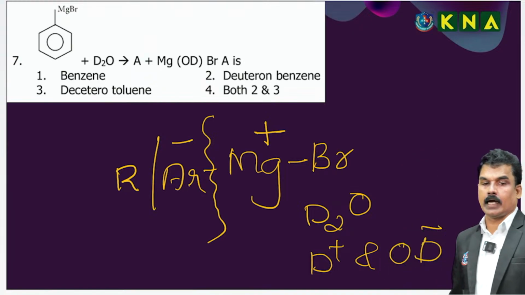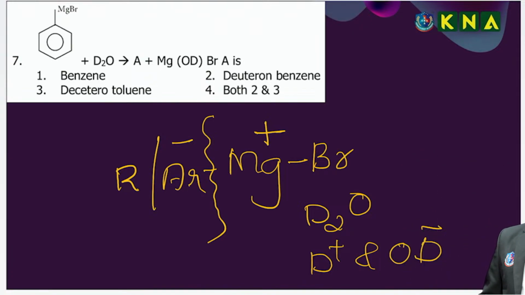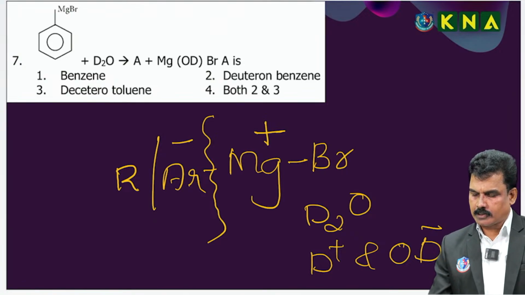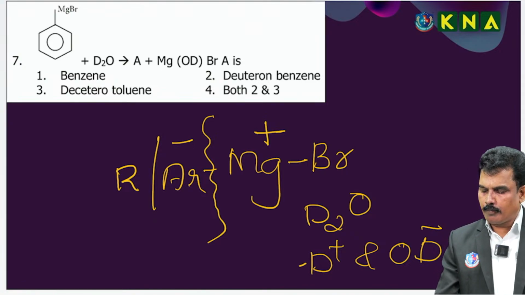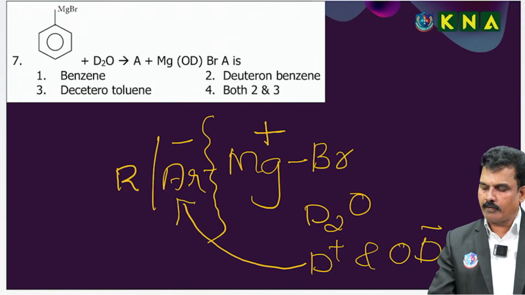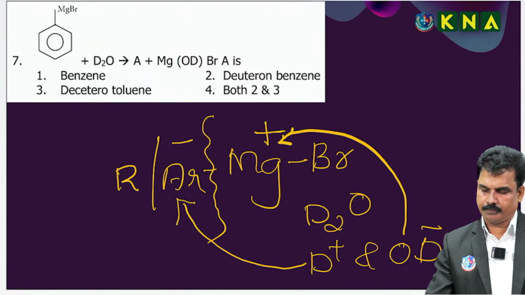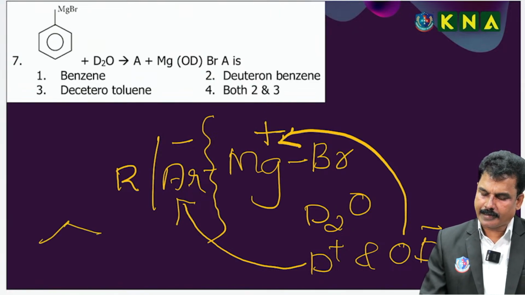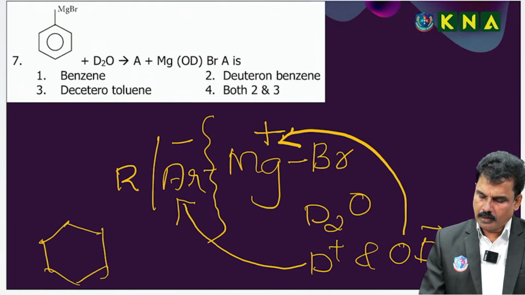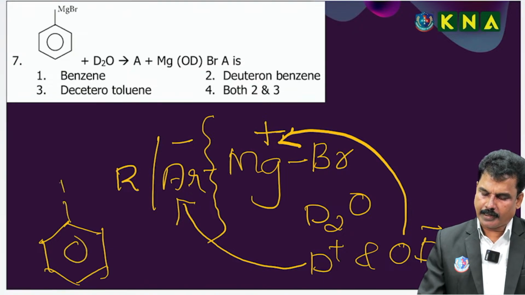Water contains H plus and OH minus. D2O contains D plus and OD minus. So in this molecule when you are adding, D plus will be connected to the aromatic ring and OD will be connected to magnesium. So in the aromatic ring, what will be connected? That ring, D will be connected.